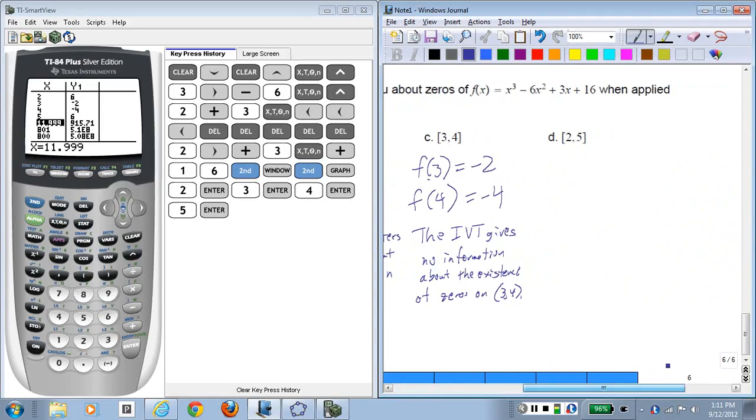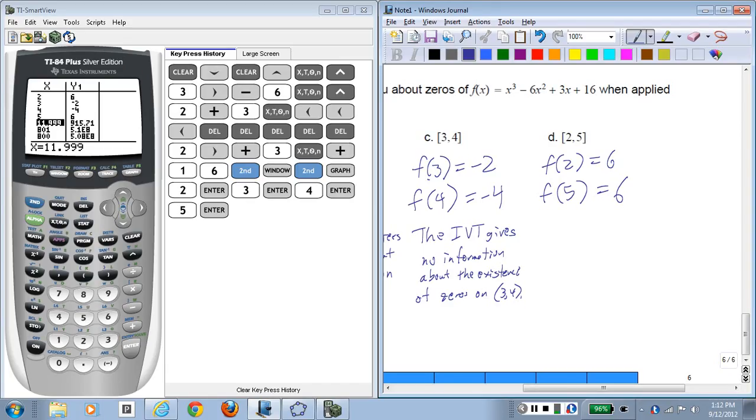However, if I apply the intermediate value theorem just to the interval 2, 5 without any prior information, what does it tell me? F of 2 equals 6, and f of 5 equals 6. In fact, with the same value at both endpoints, the intermediate value theorem doesn't tell us anything about any value that this function may take on in this interval, except it's equal to 6 at each of the endpoints.